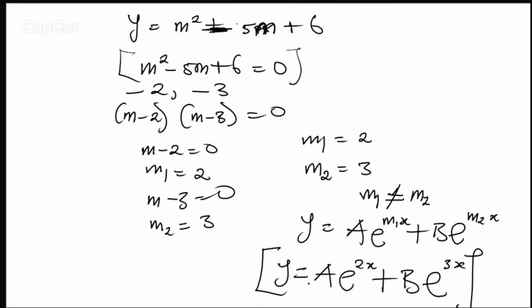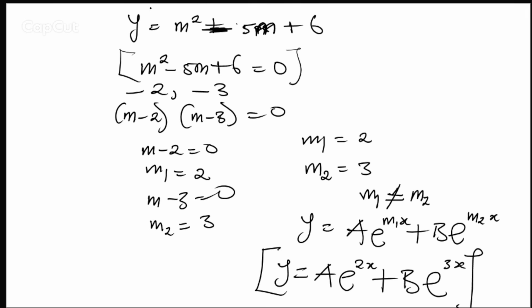Pi. Now I told you, to get your particular integral, you bring out an equation that is similar to your auxiliary equation. Now we can deduce an equation that is similar to our auxiliary equation.